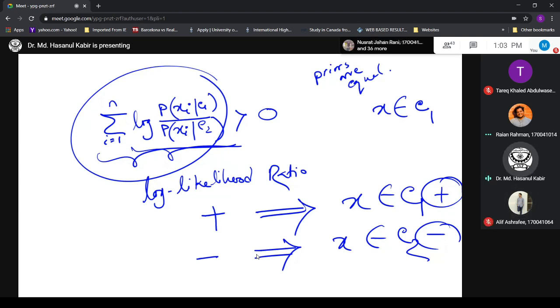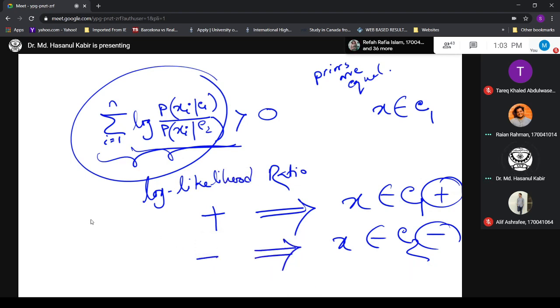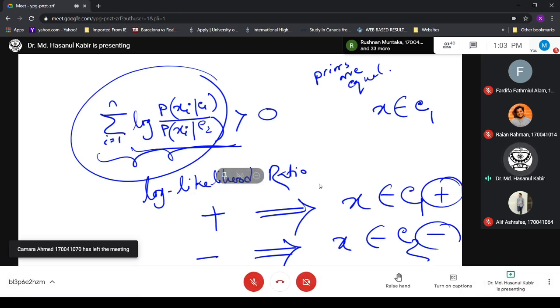Okay, then let's remove the Bayes classifier, and we only remain with the neural network and deep learning topics. Just let me know on Monday. Is it clear? Okay, thank you. We'll meet next week, inshallah, and we'll be starting with decision tree.